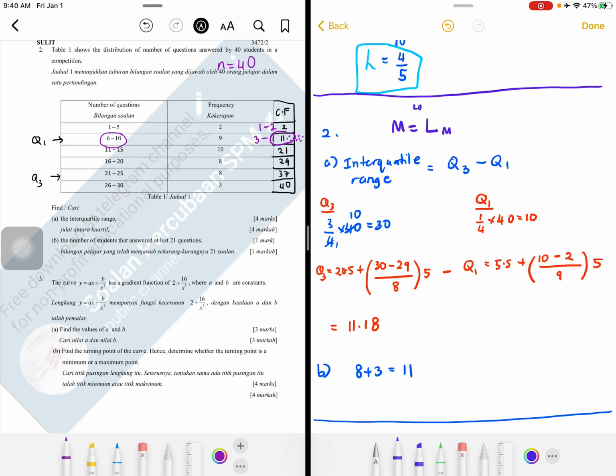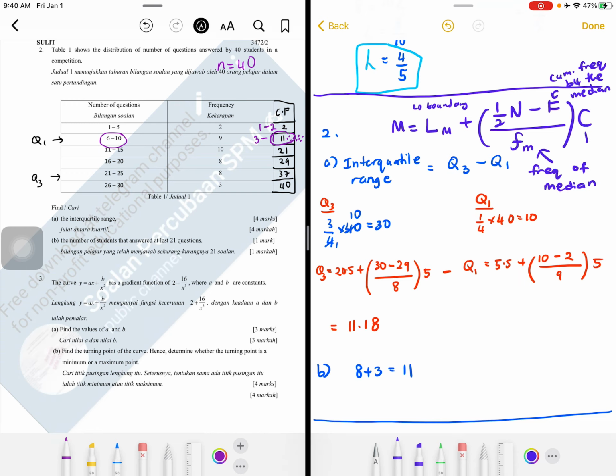L_M is the lower boundary of the median class, plus, kalau median kita adalah 1/2 n, minus F besar ni adalah cumulative frequency before the median, over F_M. F_M means frequency of the median itself, and multiplied with C. C is the size of class. So you know this, then you can solve this question.